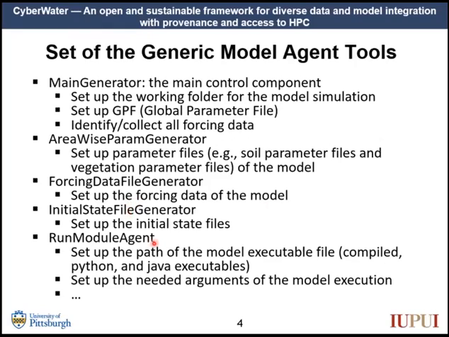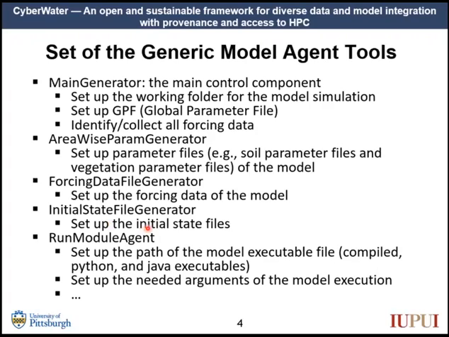And some models need initial states. Some models may not need them, so you don't need to do it. But if your model needs the initial state, and you have it in some file, you need to set up that file path so that the model agent knows where to find it. That's the initial state file generator.